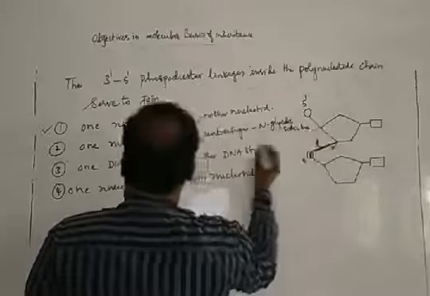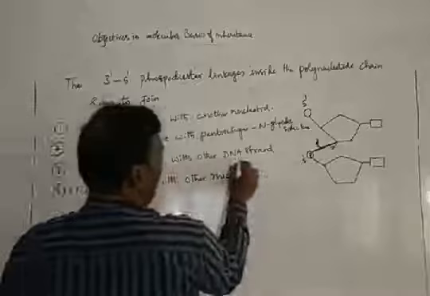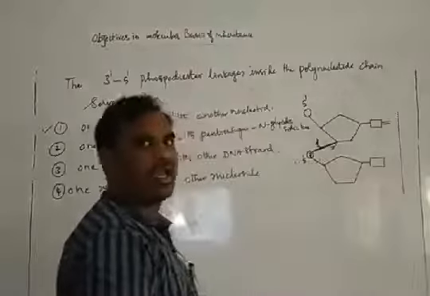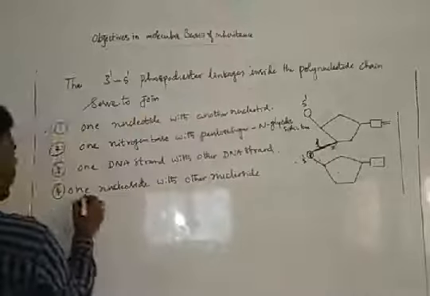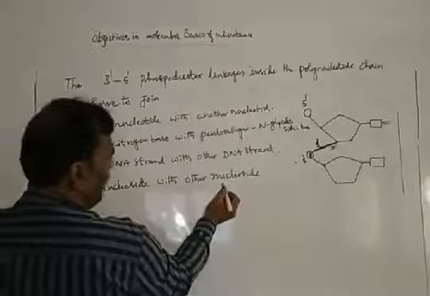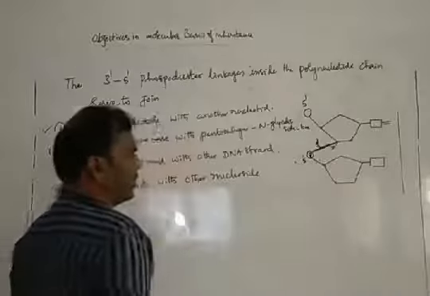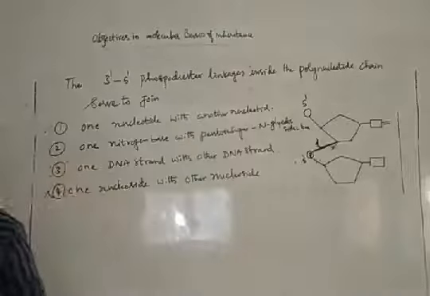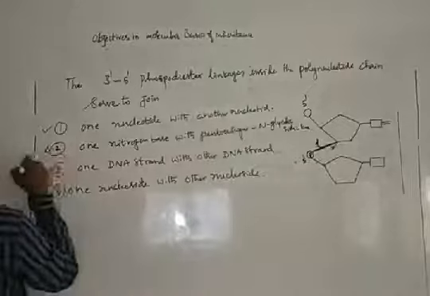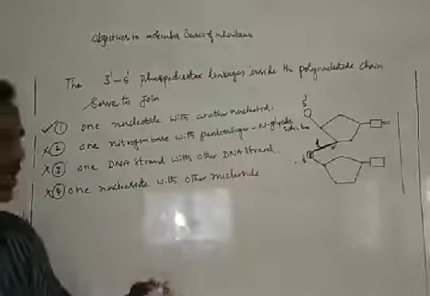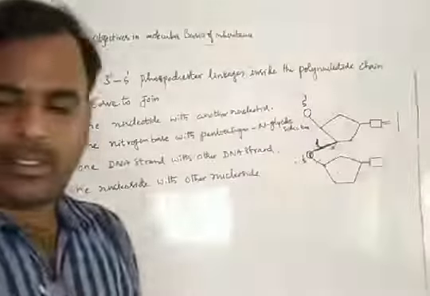One DNA strand with the other DNA strand is joined by hydrogen bonds. There is no bond between one nucleoside and another nucleoside. So these are wrong options. The right option is the first option. Next question.